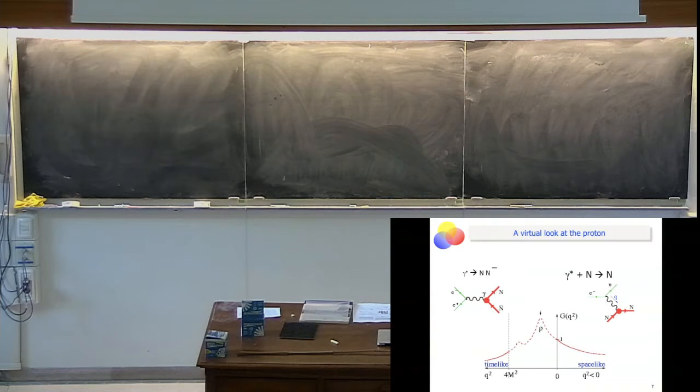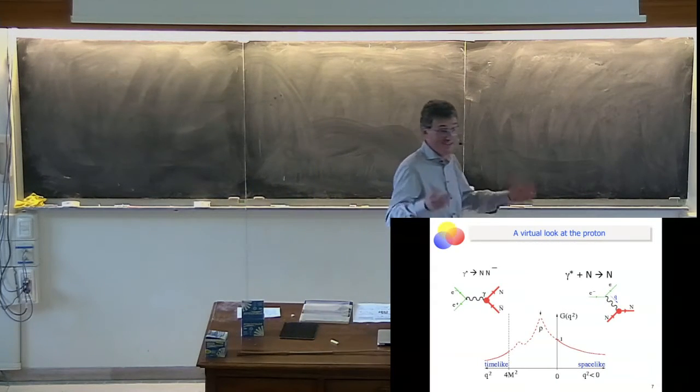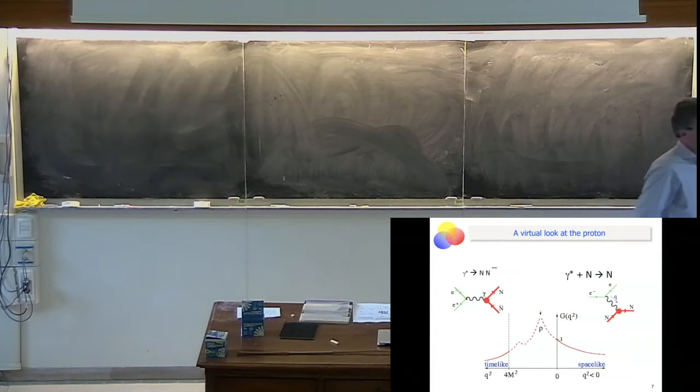So that momentum exchange can be positive, negative, and as such you can start measuring structure, and that structure is precisely what is for negative q squared, which is space-like. I use a metric where time is +1 and space is -1, so my metric is always space-like, is negative q squared.